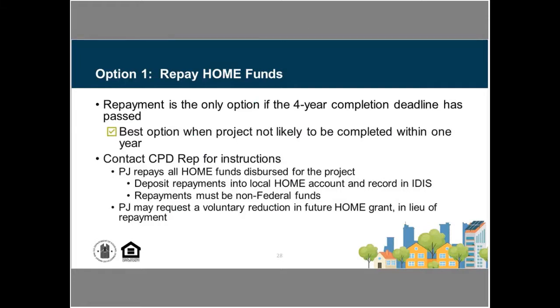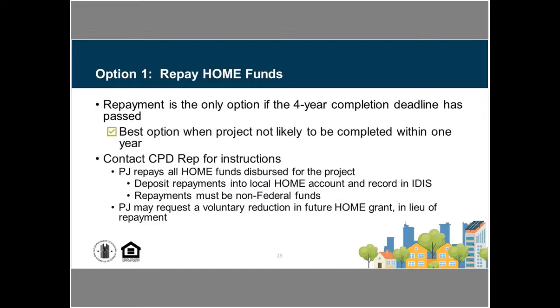So if we're repaying our funding based on having missed that deadline, and as I mentioned, that might be the only real option you have if you have a project that, even if you identify, let's say, 90 days prior to this deadline coming, that it really isn't feasible for this project to be completed even if you were awarded a one-year extension, then repayment's going to really be the only viable option for you.